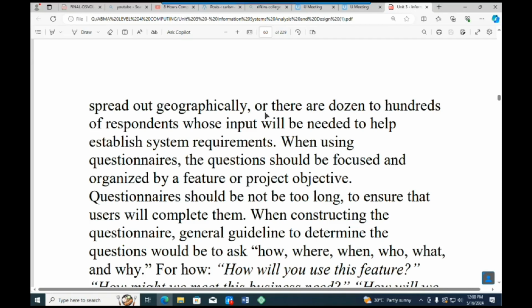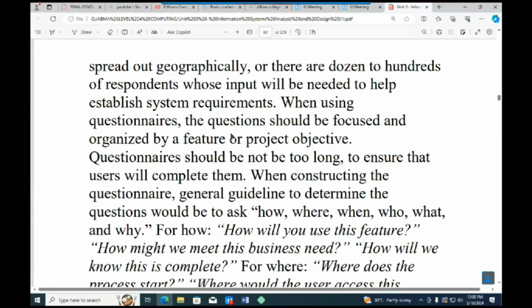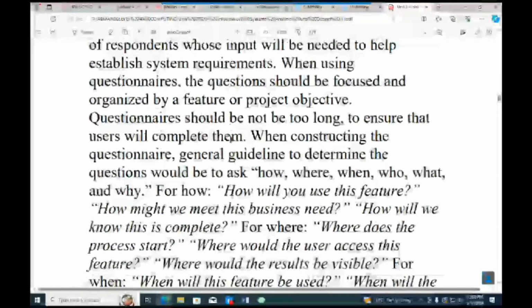Now, very important to note is that when you are using questionnaires, you need to have questions that are focused and organized by a feature or the project objective. You need to include questions that are focusing on the objective of the project and not questions that are not helping in getting the requirements.